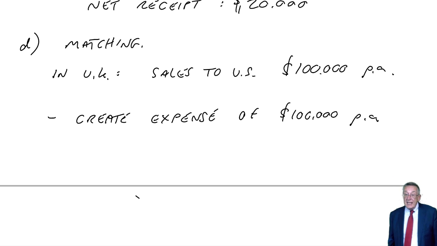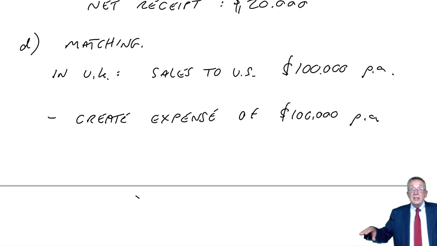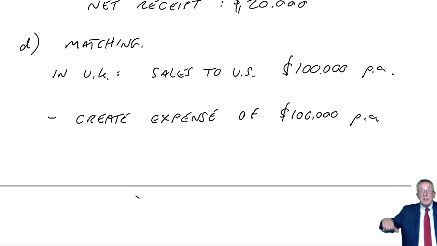Well, the beauty of it is that if I manage to match those exactly, then as exchange rates change, the dollar income goes up and down. But at the same time, as exchange rate changes, my expense when I convert goes up and down as well. So they go up and down together.